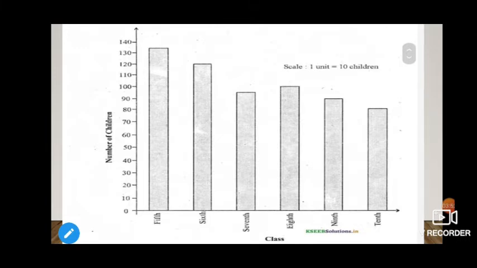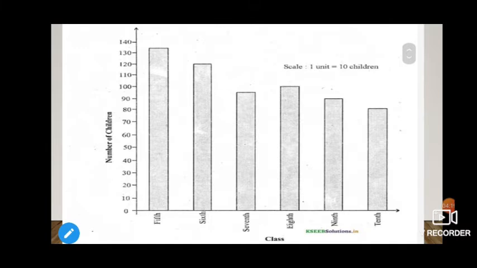Then first one, 5th class. In the 5th class, how many children are there? 135 children. So it will be exactly in the middle of 130 and 140. So the height of the bar we have to draw till 135, means till 130, and after 130 we have to take it in an average way.